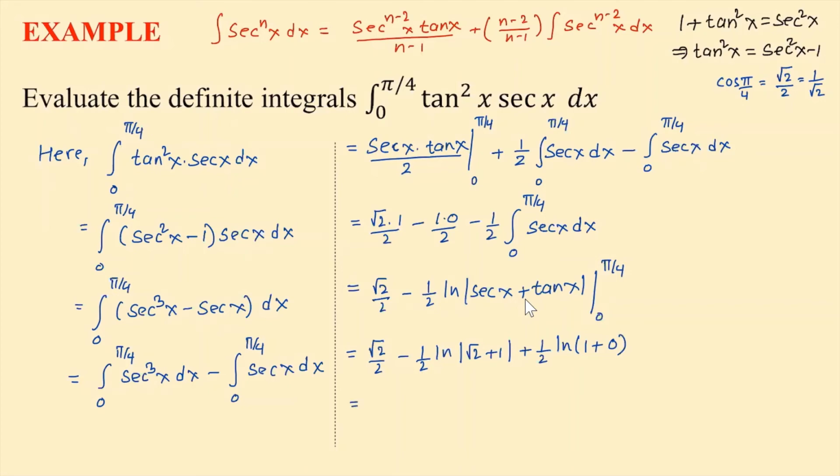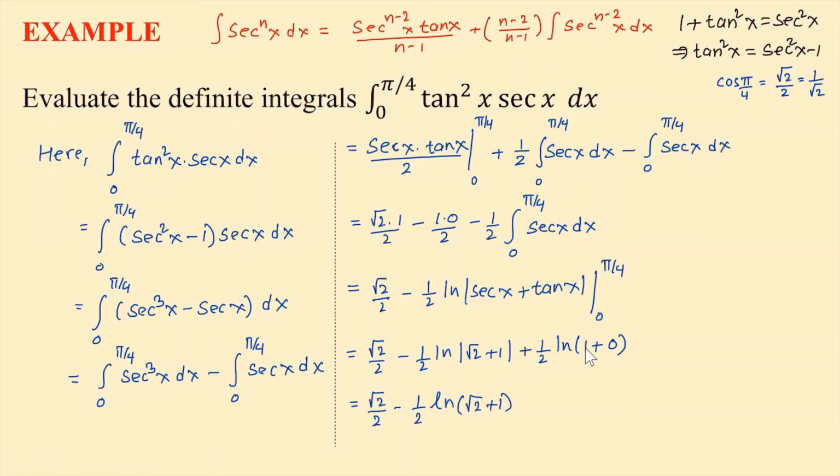Now let's go to the final step here. The first one is square root of 2 over 2, then minus half natural log of the absolute value of square root of 2 plus 1. You don't need the absolute value because this is always positive. So you can write it as half natural log of square root of 2 plus 1.